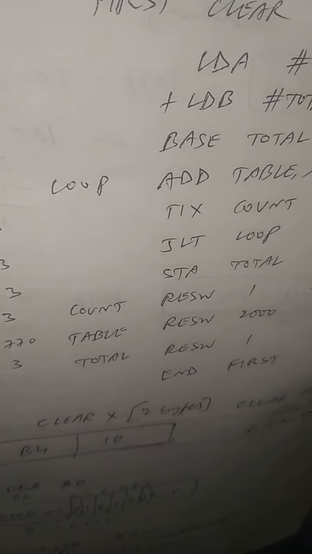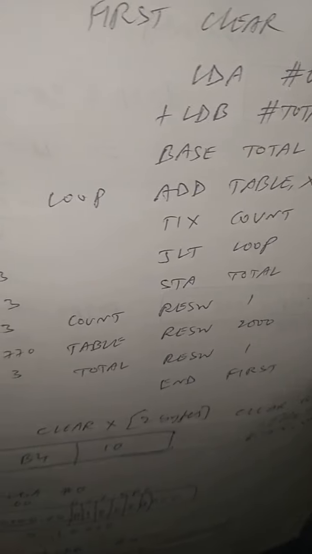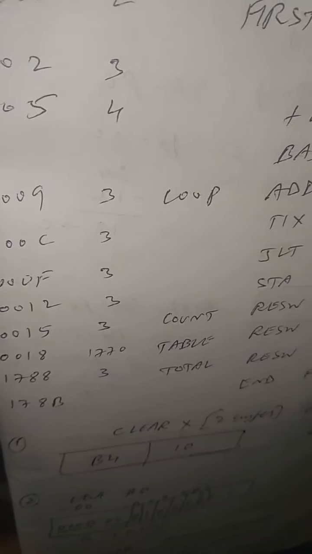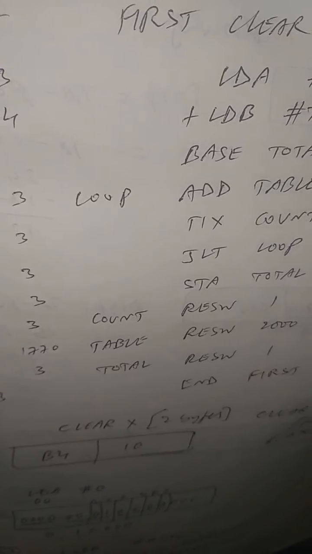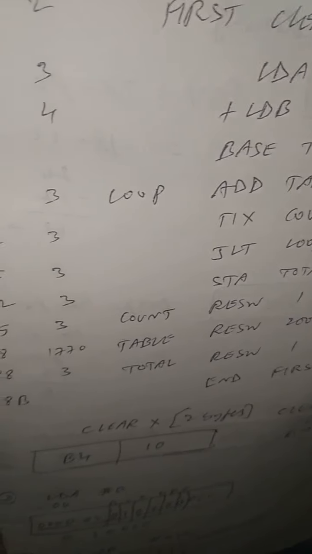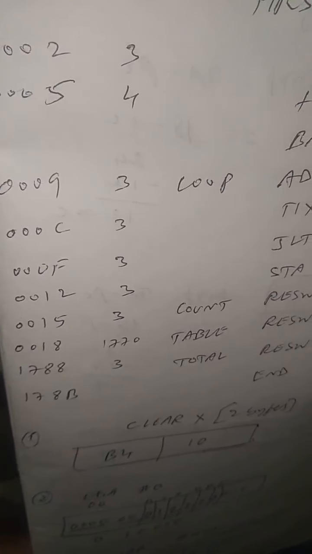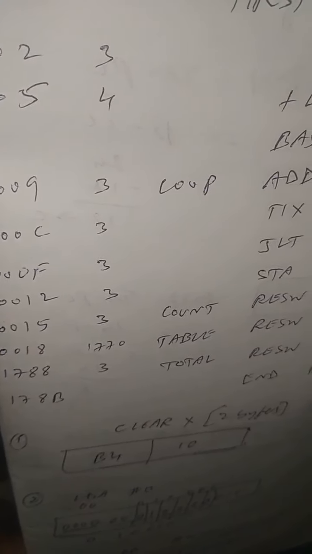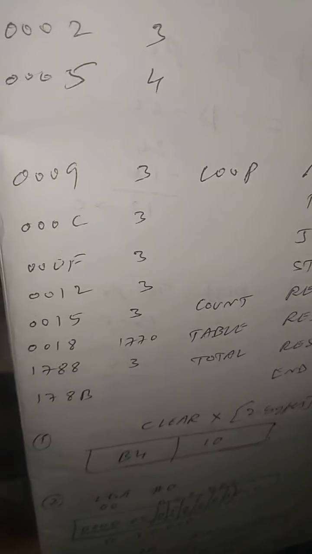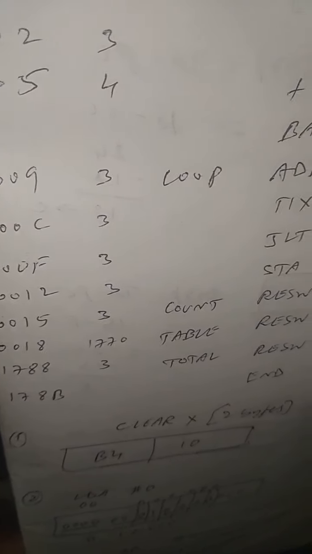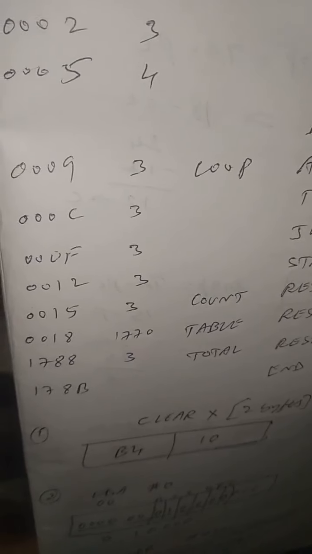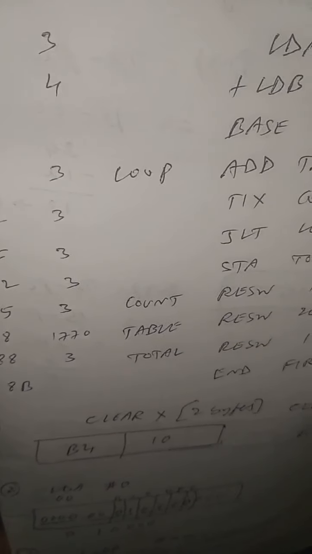The next instruction is LOOP ADD TABLE,X. After 8 comes 9. It is a format 3 instruction, so 9, A, B are taken by ADD TABLE,X. Then comes 000C, which is again a 3 byte instruction, TIX COUNT, so C, D, E are taken by this.